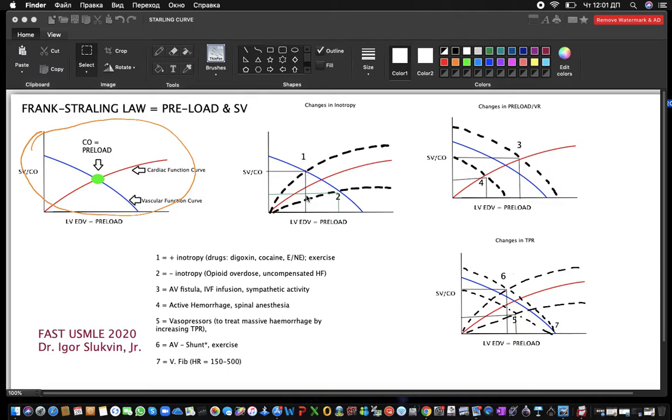So what is point 1? For more venous return, we're getting the same amount of end diastolic volume as in the normal one here.